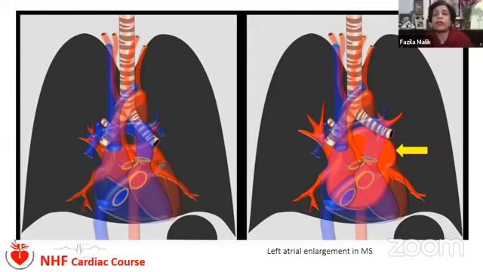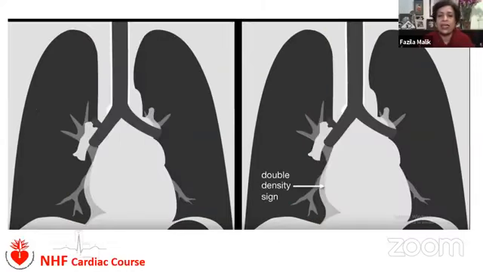The most important thing happening is that due to the valve stenosis, blood is not flowing from the left atrium to the left ventricle, so the left atrium is increasing in size. How do we understand radiologically that the left atrium is increased in size? It grows everywhere, towards the right, the left, upwards. When the left atrium grows towards the right border, which is formed by the right atrium, the enlarged left atrial border itself forms a separate silhouette.